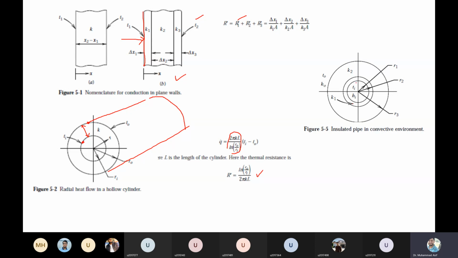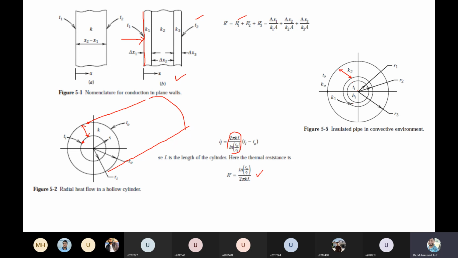Similarly here, the heat transfer from inside to outside will be computed using the concept of thermal resistance. Let's start from the pipe. One is the thickness of the pipe, and another is through the insulation. So the overall resistance will be the sum of these.